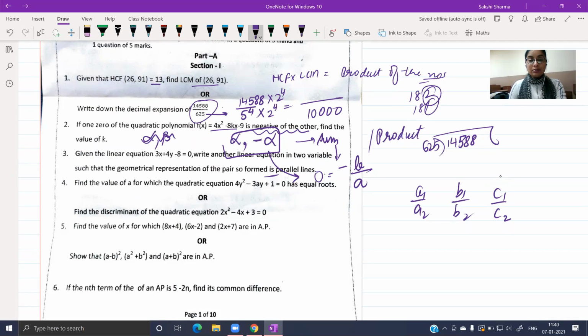That's incomplete. You want to ensure that the last ratio is also of a particular. Yes, that's right. A1 by A2 is equal to B1 by B2, but these two are not equal to C1 by C2. The last must be different.